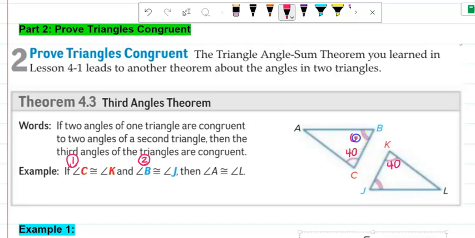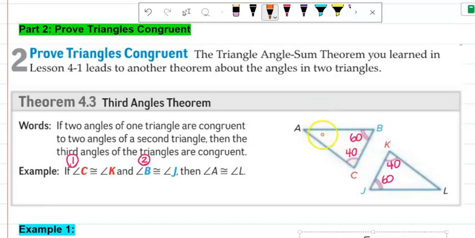Let's say B and J are both 60. If we already know that information, we established it because maybe it was given to us or maybe it was labeled in some way. We already know from step 14 in ABC, if we've already used up 60 and 40, that would be 100.